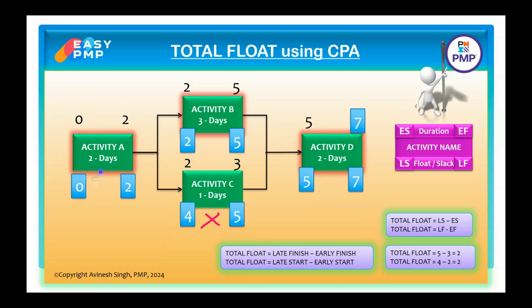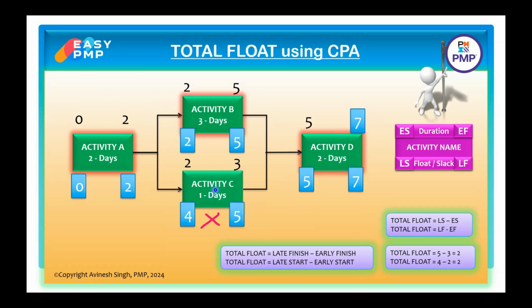So please remember, the activities A, B and D have 0 float, and that can only be possible in a critical path. Now you have learned that in a critical path, the total float, or free float, which I have not taught you so far, is 0. But what about this activity C, where the total float is 2, 5 minus 3?